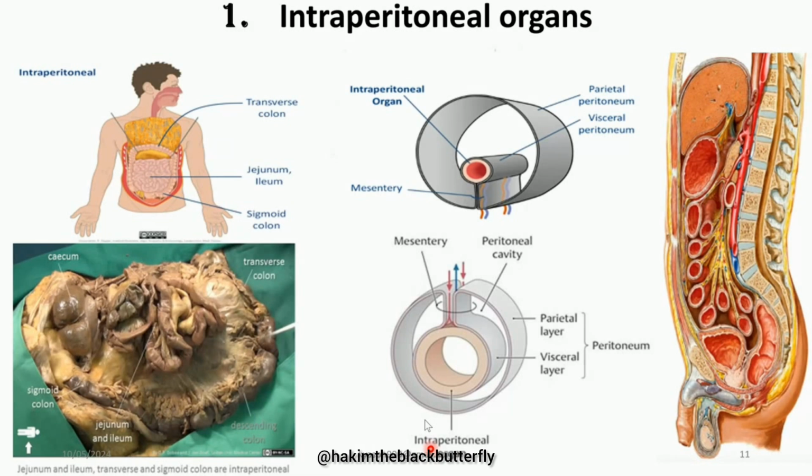In case the mesenteries have loosened, there will be prolapse of that specific organ that is attached by the mesentery. Not prolapse. Anyone to use the right word? Anyone to try?